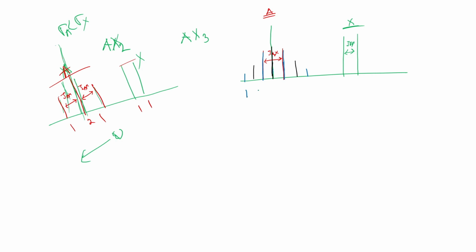So eventually this will be 1 is to 3 is to 3 is to 1. So this is how it is going to be. And the gap between each of them is going to be Jx, Jx, and Jx. Okay. So this kind of question for AX3, you know already the 2nI plus 1 formula, but this is how it is coming.